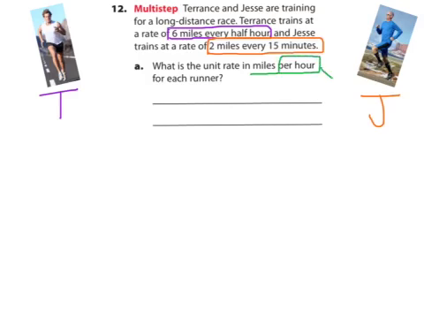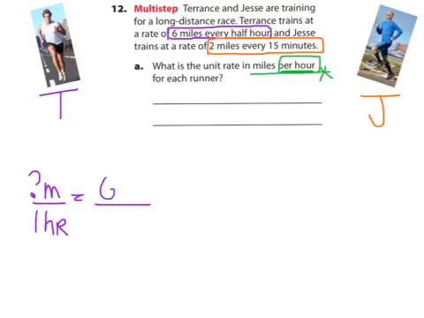So this tells us right now what goes on the bottom. Hours go on the bottom. So let's set this up. Terrence is going to have, we're trying to figure out 1 hour, and we don't know how many miles. But we do know from looking back in the question, his rate is 6 miles, half an hour of time.